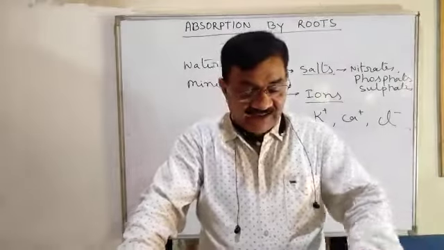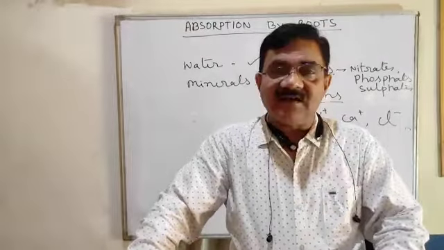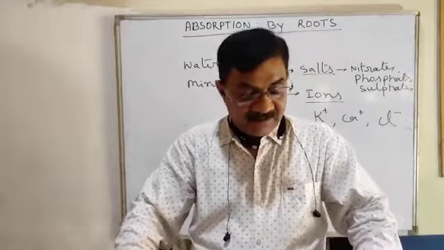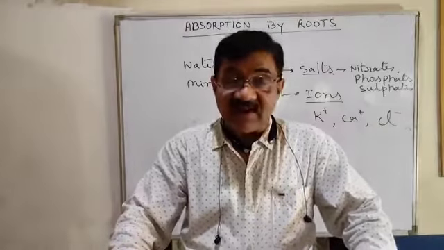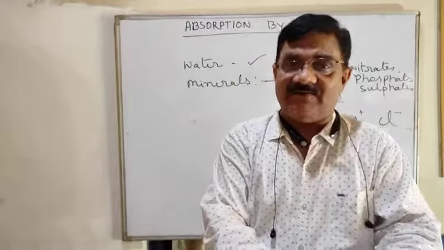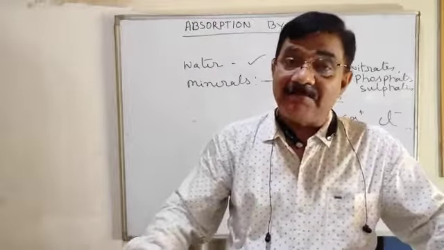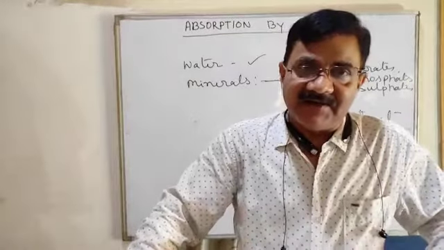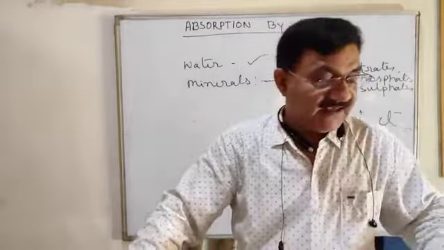Now a question arises, why are these minerals required? To build up cell organelles as well as synthesis of various types of enzymes. Enzymes means biocatalysts. So that part is clear.